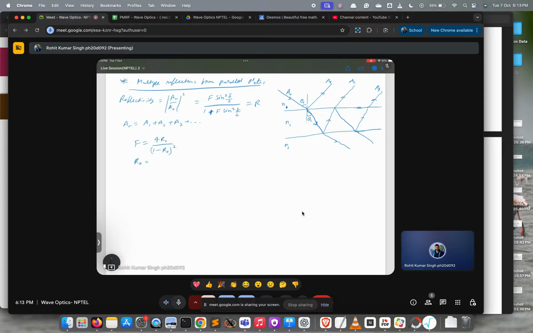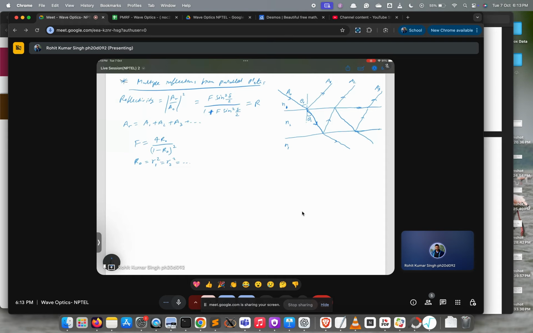For example, for this A1, A2, A3 that you have, their reflection coefficient we denote by R1, and we assume that all of them have the same reflection coefficient.